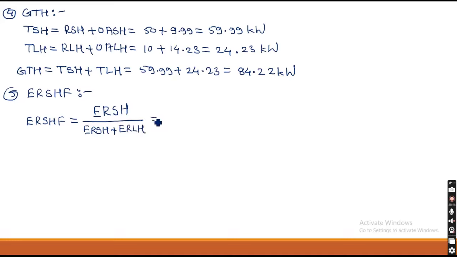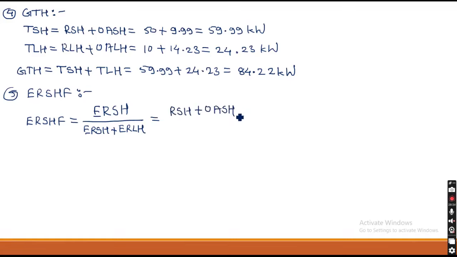It's very close to the total sensible heat. The only thing is that we have to consider the bypass factor also, right? So what is the condition in the total sensible heat? It is room sensible heat plus outside air sensible heat, right?